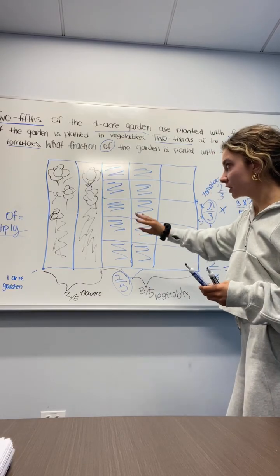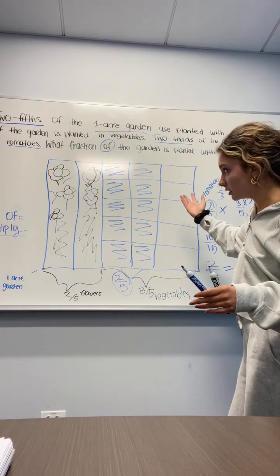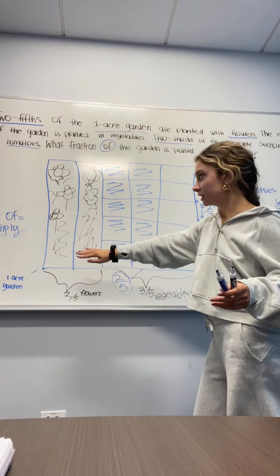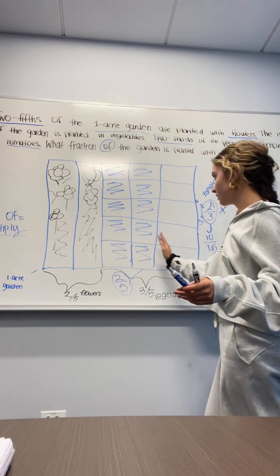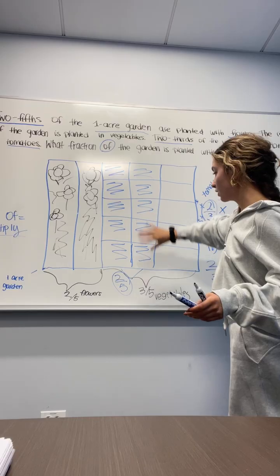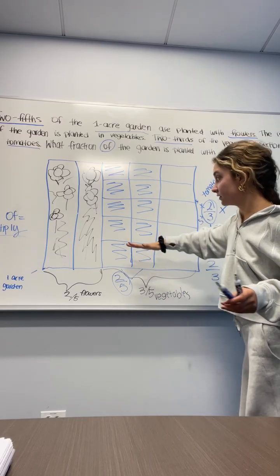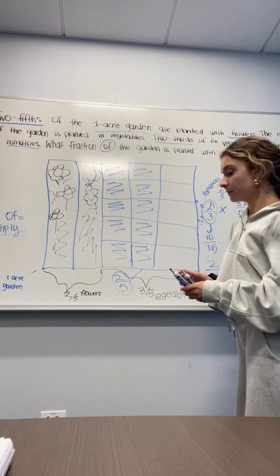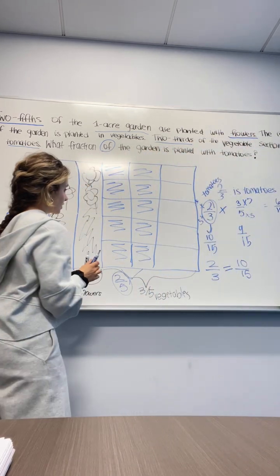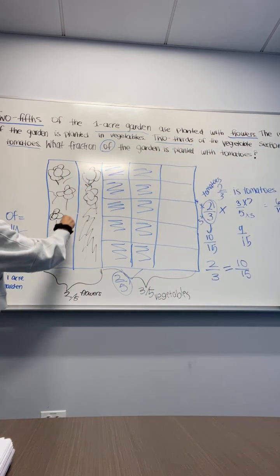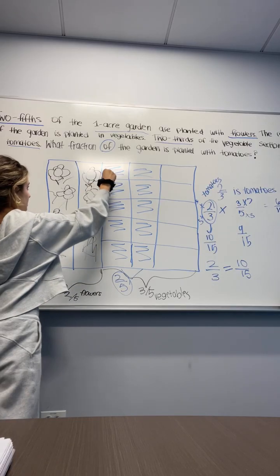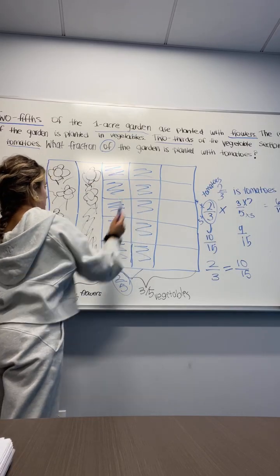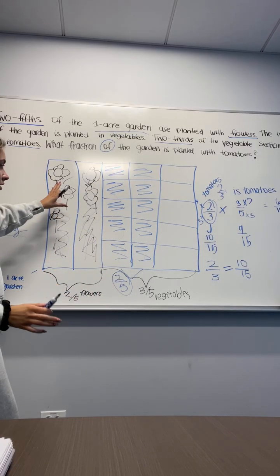But if you look up here, you'll notice that it's still divided into fifths. It's just that this 3/5 side is divided smaller into 15ths. So if you're really looking at it now, this and this are all equal.